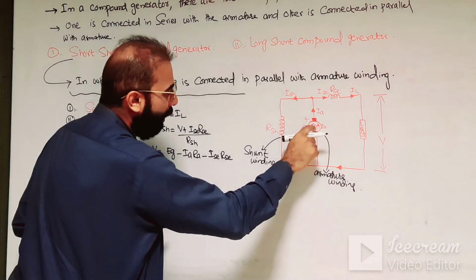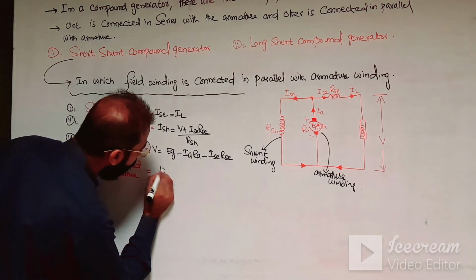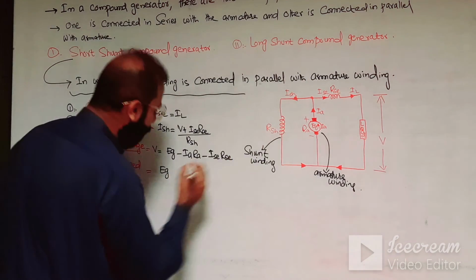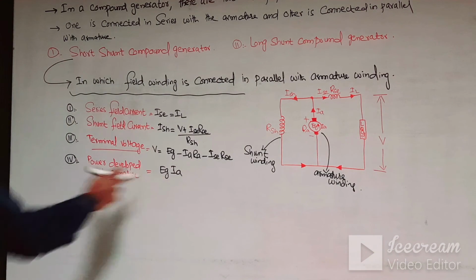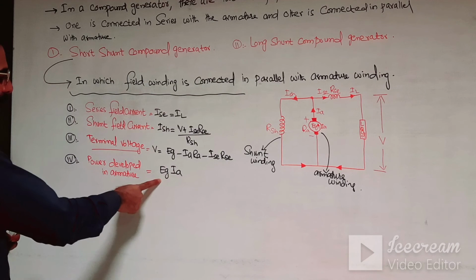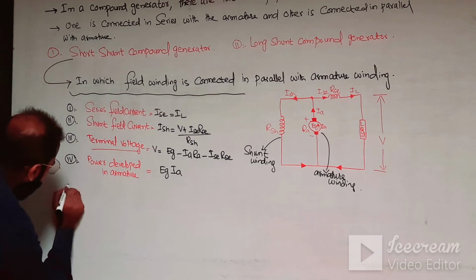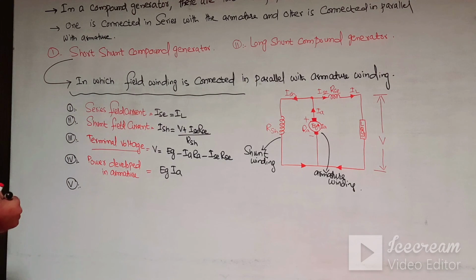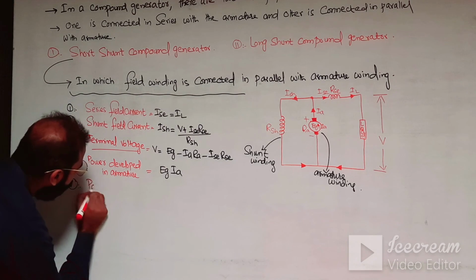The generated EMF is produced in the armature, which is Eg multiplied by the current of the armature. So this is the power developed in the armature, which is the product of the generated voltage multiplied by the armature current.